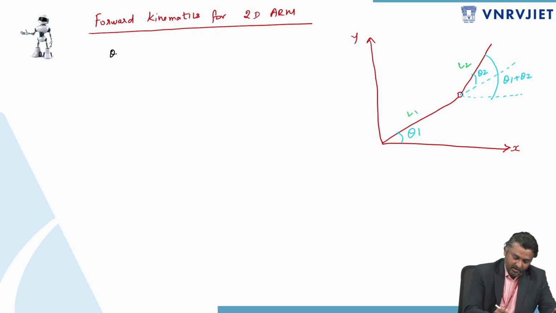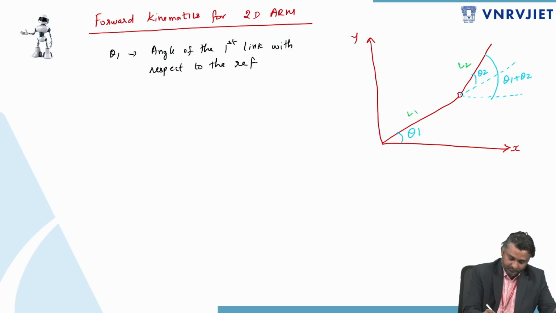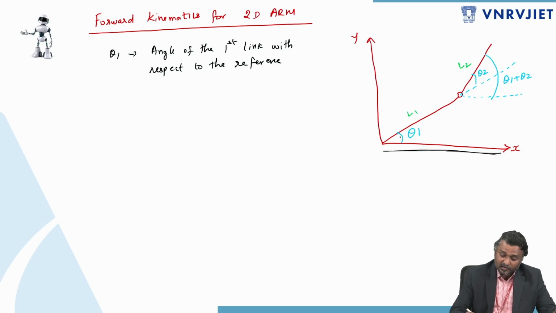And what does theta 1 mean? It is the angle of the first link with respect to the reference frame. So we call this the reference. Theta 1 is the angle of link 1 with respect to the reference frame.